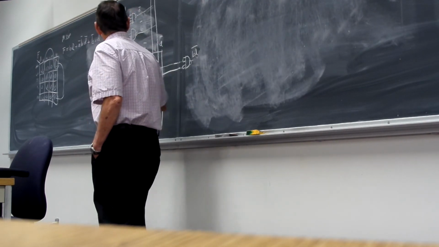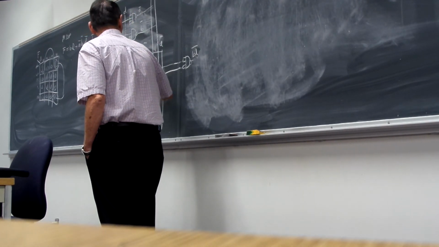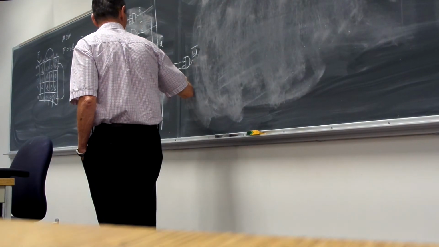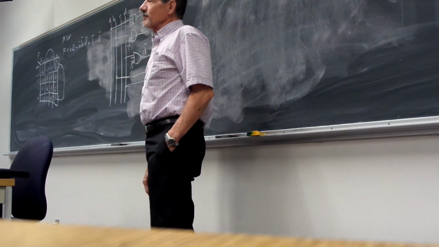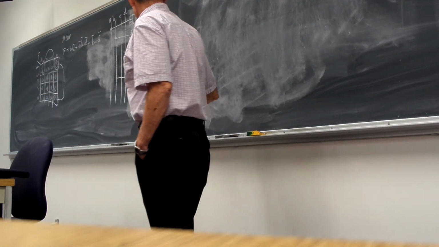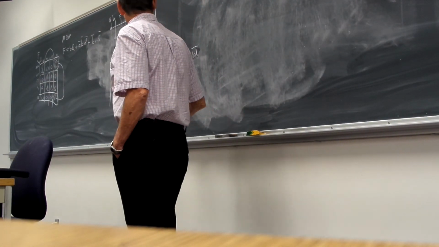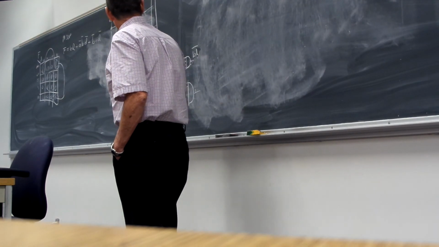So A bar is going to be here. I'm going to connect that to the second terminal of my 4 input NAND gate. And then we need B bar and D bar.